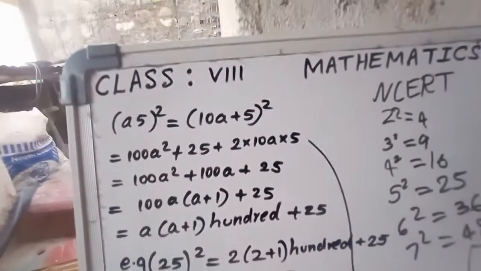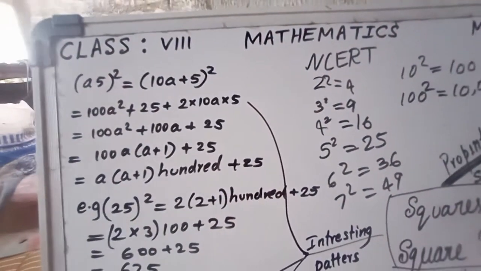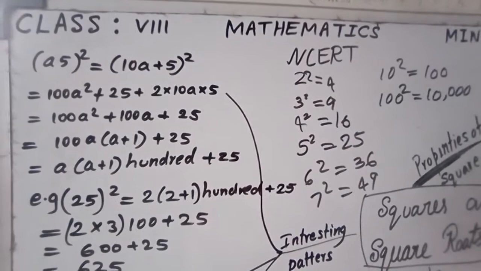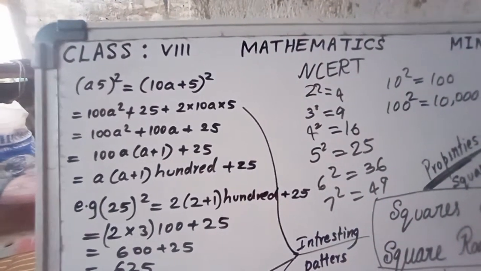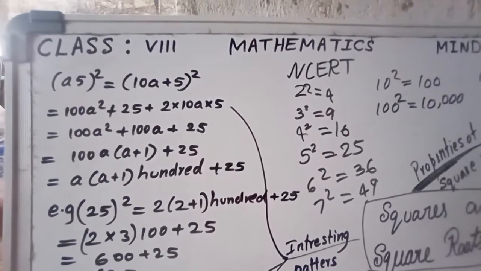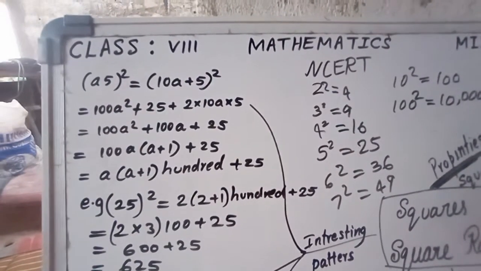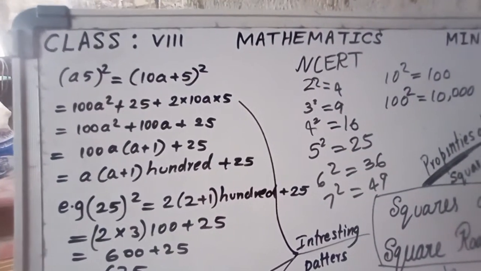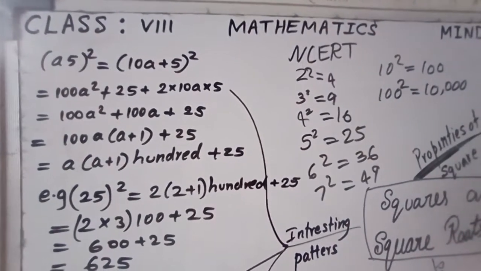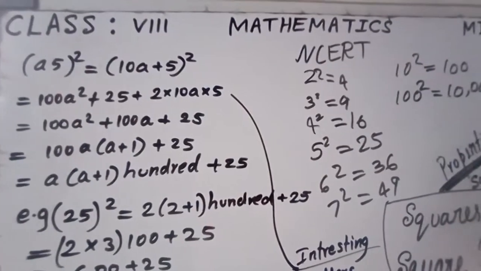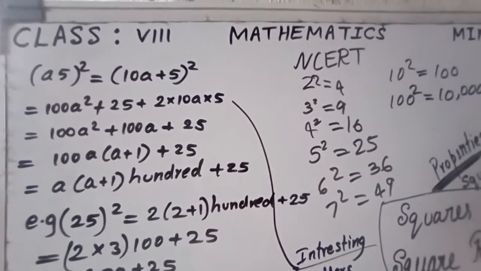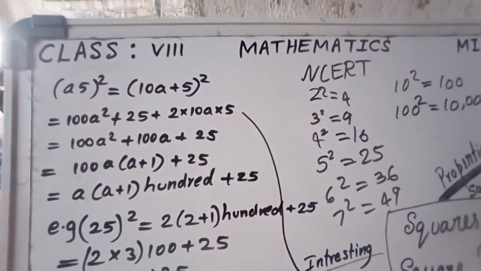Then one more general formula, which we learn in algebra, but this is for your knowledge. A5 square can be written as 10a plus 5 whole square. So how can we write this? 10a means 100a square, 25, and 2 into 10a into 5. You hope you remember that a plus b whole square is a square plus 2ab plus b square.